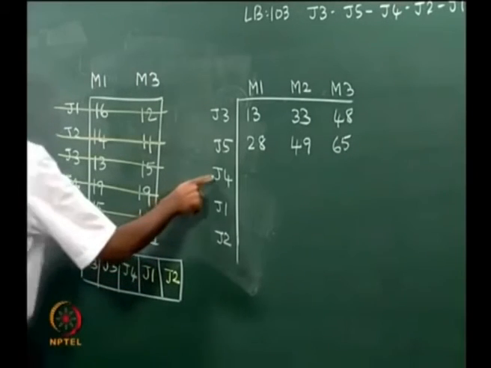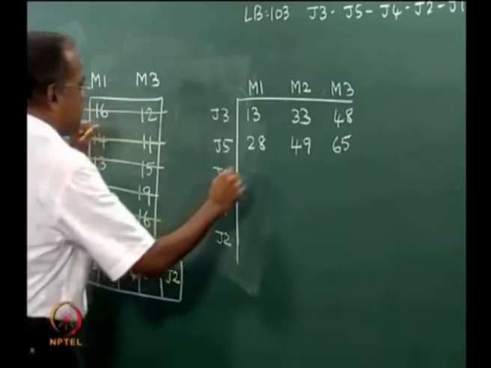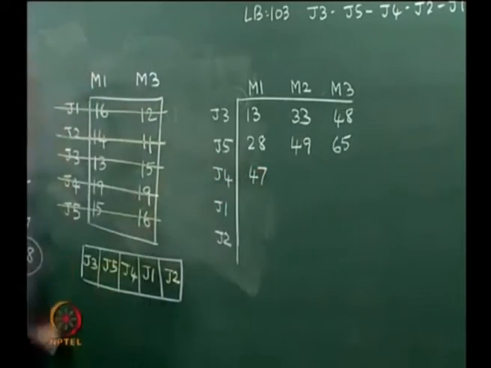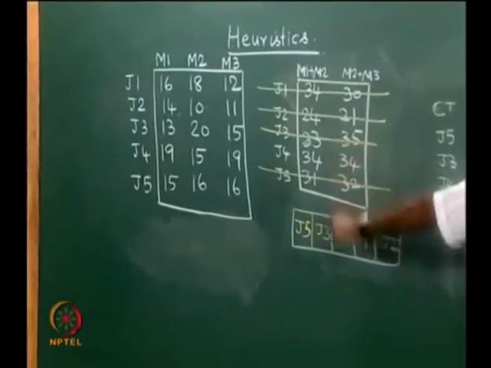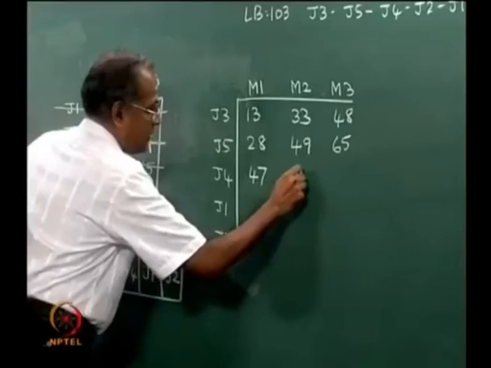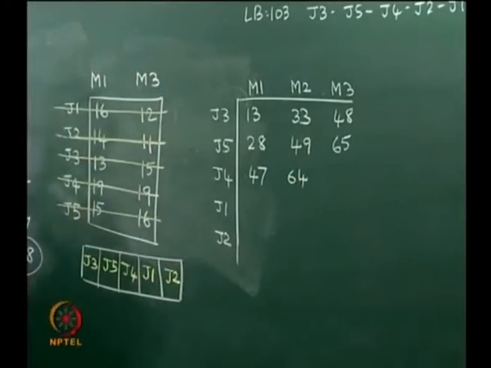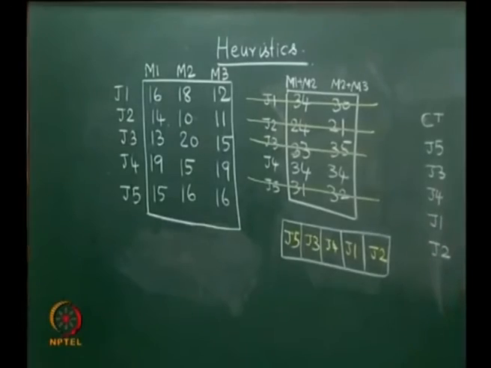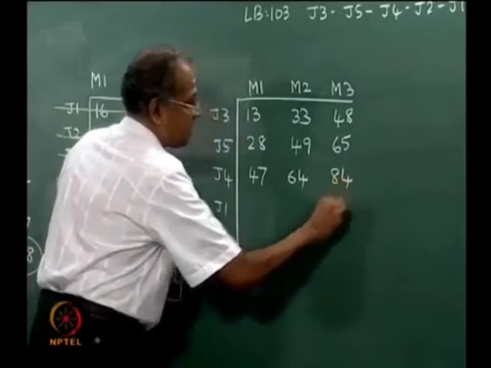Then we have J4, starts at 28 plus 19, finishes at 47, waits till 49, takes another 15 which is 64, waits till 65, takes another 19 and finishes at 84.